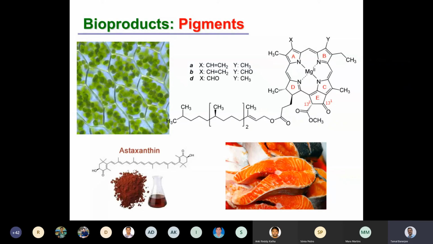So you have chlorophyll from plants and algae, and carotenoids. Here is an example of astaxanthin, present in salmon and some kinds of shrimp scraps, and there are many other carotenoids.